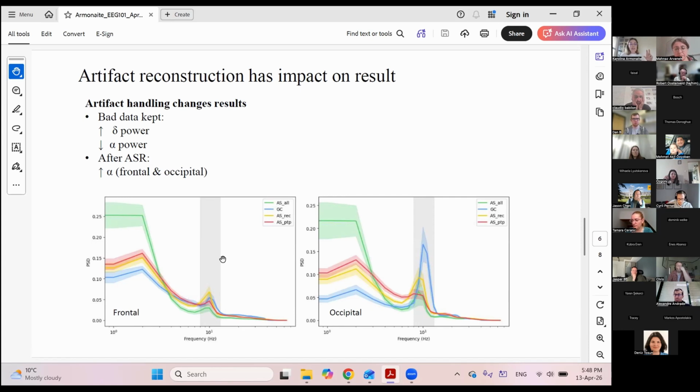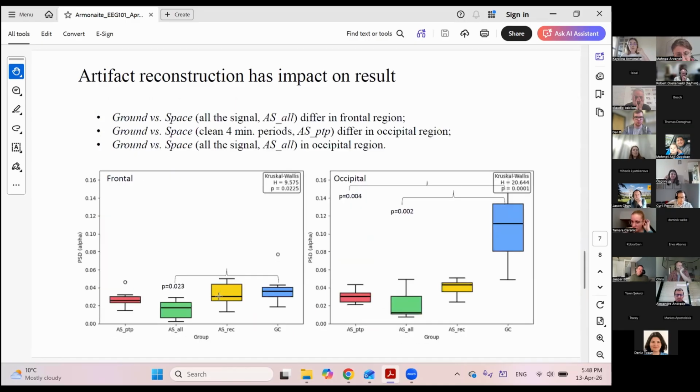For frontal and occipital regions, we see quite high variability of space conditions around the ground condition, so we perform the Kruskal-Wallis statistical analysis with the Bonferroni correction to check if there are differences between the ground and space conditions in this mean alpha band power.